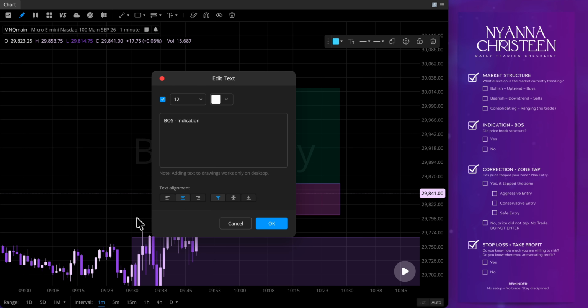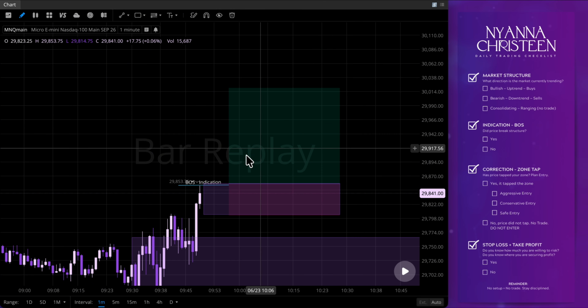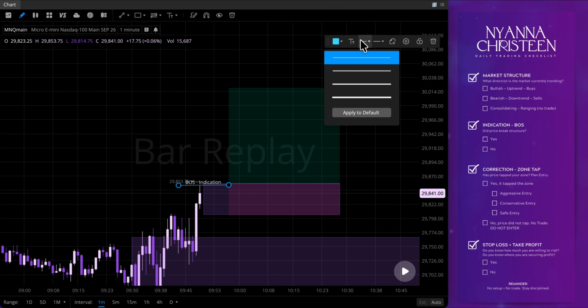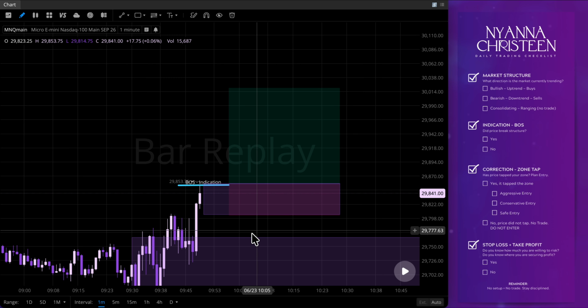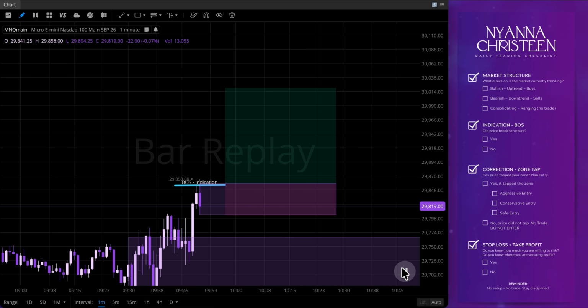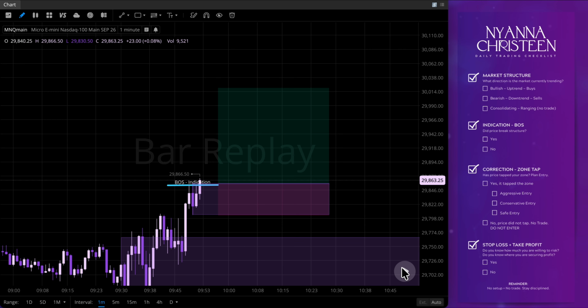Okay, anyways. So once we have that, let's play it. Let's see if price pushes above this blue line. There it is. That's our breaker structure. So this candle that pushed above this blue line pushed out of the previous candle of the opposite color. The opposite color on this chart is purple.